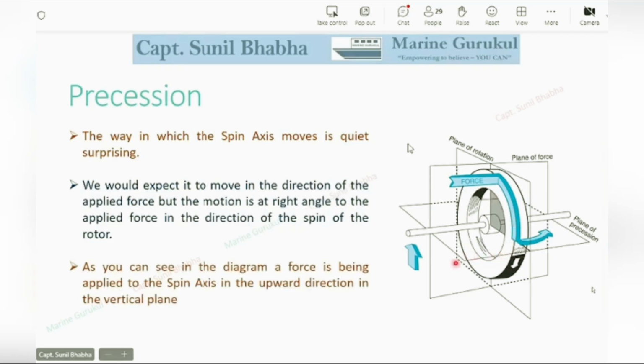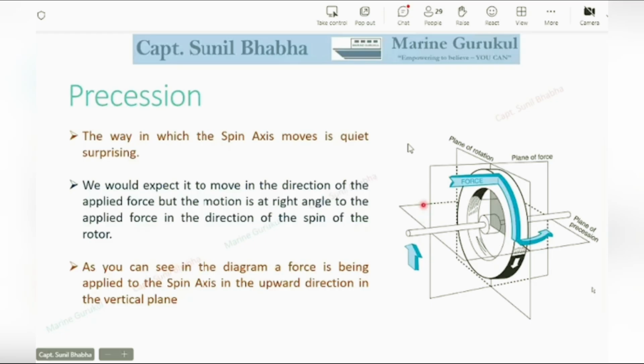Now, as you can see in the diagram, this arrow represents the force which is being applied. So on this end of the spin axis, we are applying a force in the upward direction. And we would expect the spin axis to move upwards. The spin axis should be moving upwards.